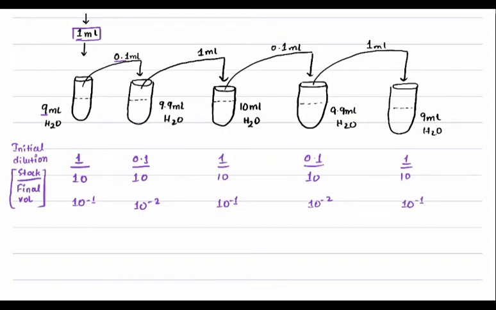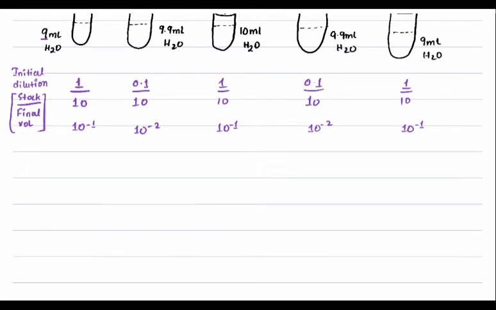Now what do you do? You take out the final dilution of these 5 dilutions. So for the final dilution, the first one would be 10 to the power minus 1 because it is the initial dilution and this is from where we are starting.